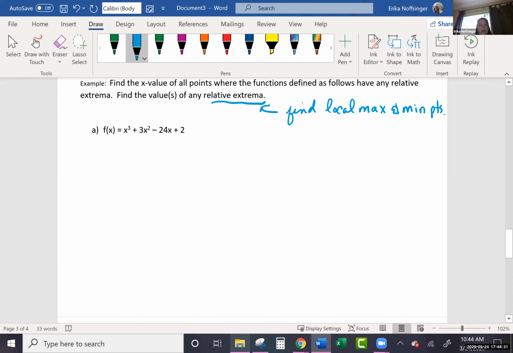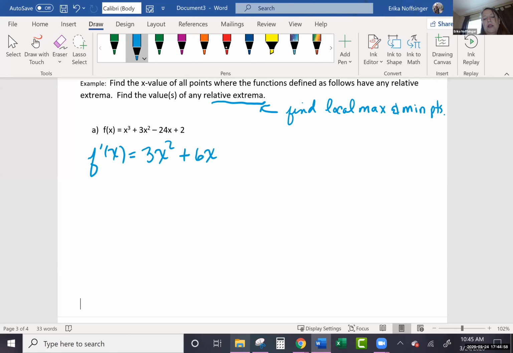So again, first step, we want to find the derivative of f of x. I'm starting you guys out easy, so hopefully by now this derivative is a piece of cake. Taking the derivative of x cubed, using the power rule, we have 3x squared, plus the derivative of 3x squared, bring down our power, so 3 times 2 is 6x.